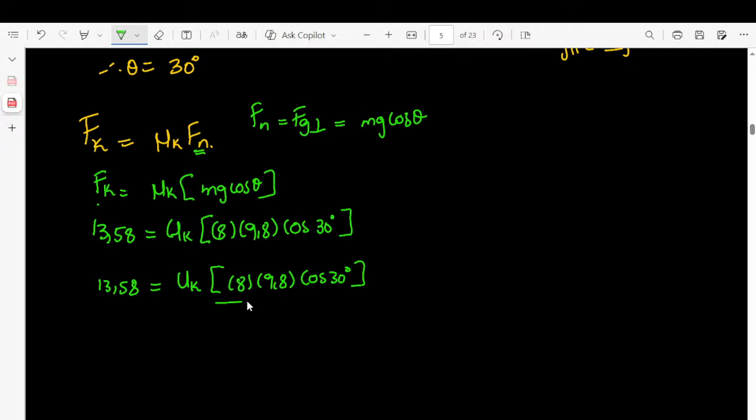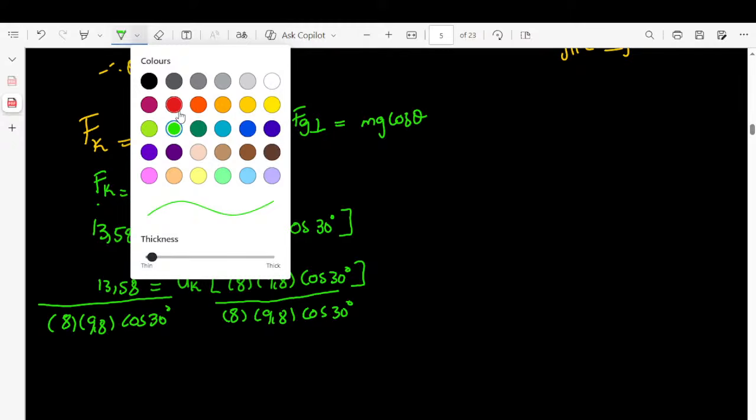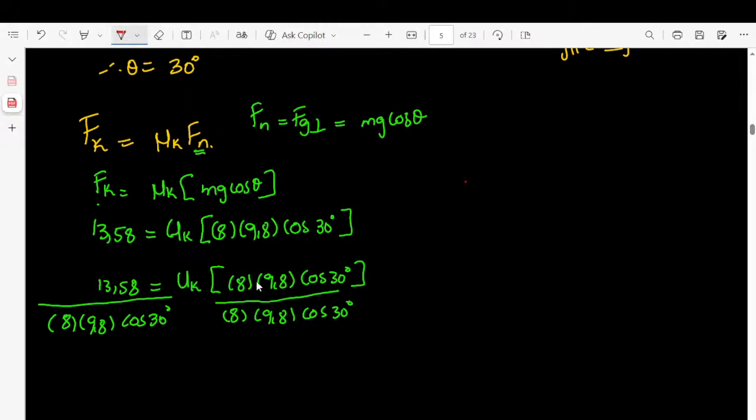Let's divide both sides by 8 times 9.8 times cos 30 degrees. What you do on the left-hand side, you also do on the right-hand side. This and that will cancel, and we are left with Uk.